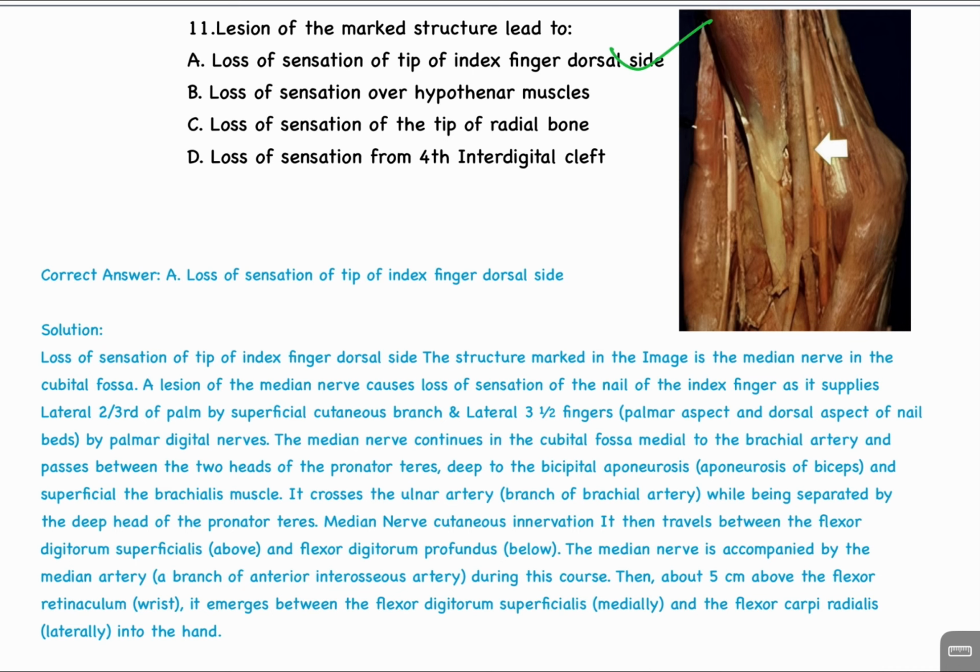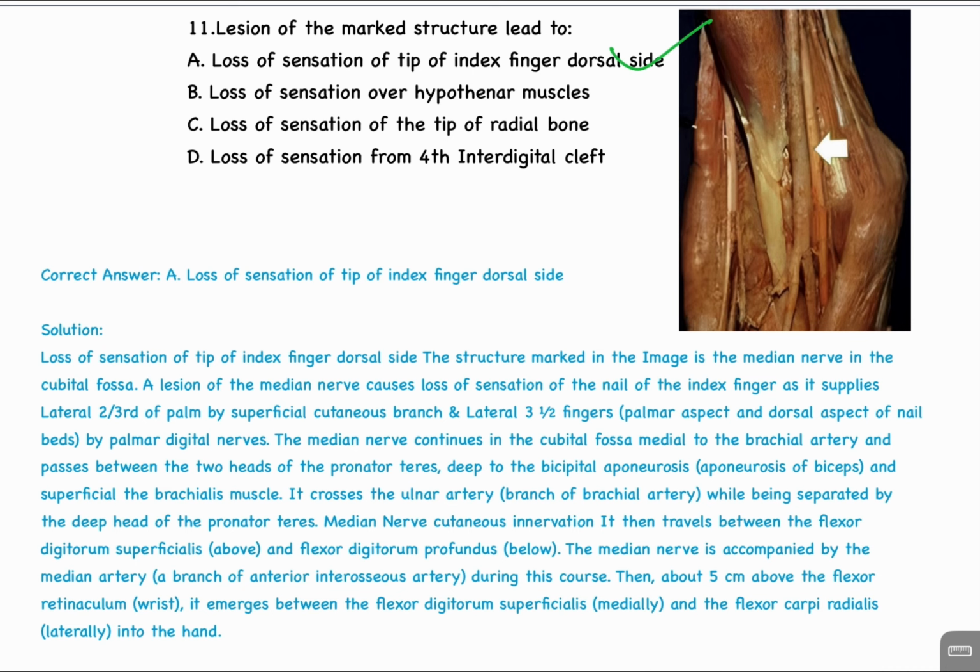The median nerve continues in the cubital fossa medial to the brachial artery and passes between the two heads of the pronator teres, deep to the bicipital aponeurosis of the biceps and superficial to the brachialis muscle. It crosses the ulnar artery while being separated by the deep head of the pronator teres.